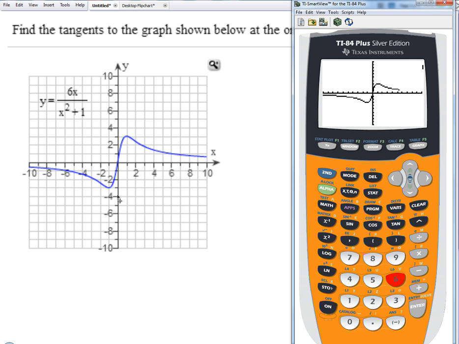So first of all, do I know that this graph actually goes through the origin? To find out, how do I know the y value if I input an x value? How do I ask my graph to do that for me? Calculate. Okay, so second, calc, value, and then type in x equals 0, and it tells me the ordered pair.